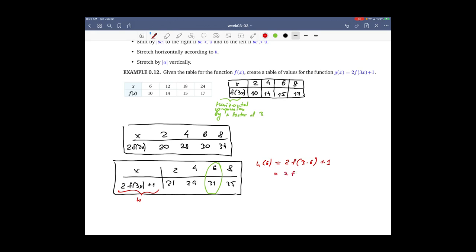It's twice f at 18 plus 1. F at 18 is 15. And I get 31 as expected.